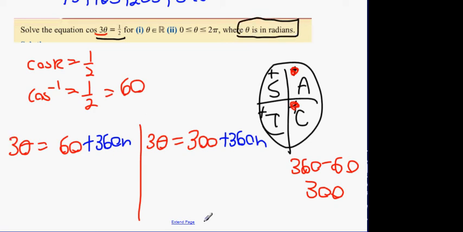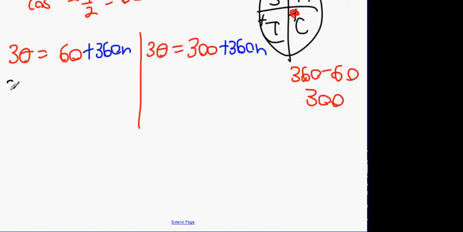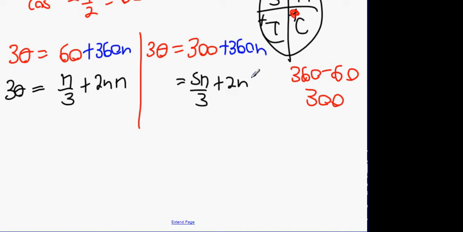So I'm going to change everything to radians here. So 3 theta ends up to be pi over 3, because that's what 60 degrees is, and it's going to be 2n pi. And this one here is going to be 5 times bigger than that one. So it's going to be 5 pi over 3 plus 2n pi.